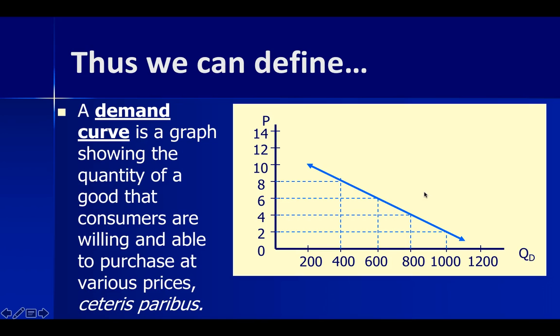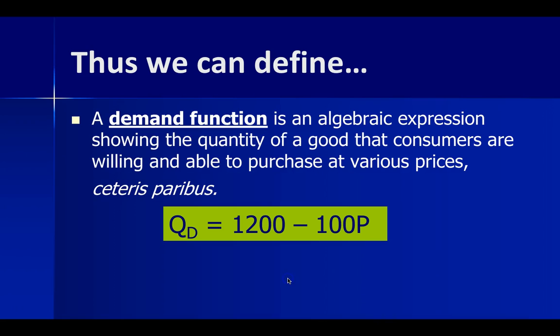You can see in this graph then, when the price is $8, this group of consumers would demand 400 units of this product. If the price falls to $6, then this group of consumers would demand 600 units of this product, and so on. We could also create a simple algebraic expression to reflect the same relationship. We call that a demand function. But this is exactly the same relationship.